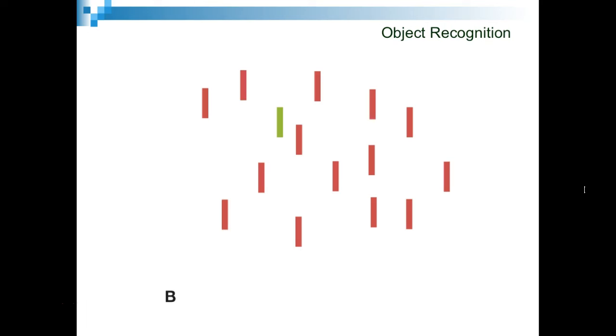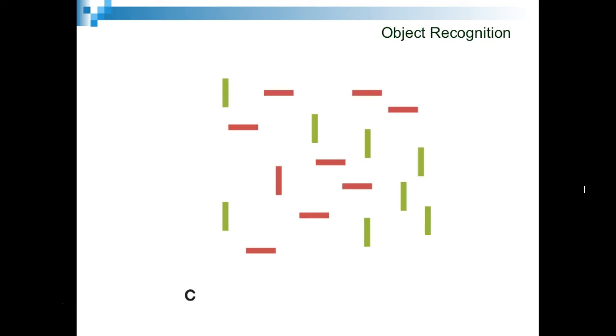I just used the word pop-out there. Remember that pop-out is the term we use for this fast, effortless search. You don't have the sort of subjective experience of looking for the green line. It just jumps out at you. That's pop-out. On the other hand, in this case, you're looking for a red vertical line in a field of red horizontal lines and green vertical lines.